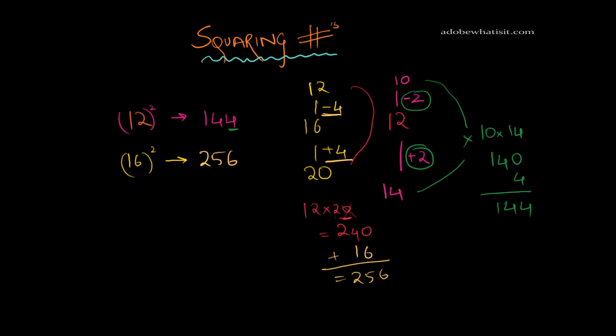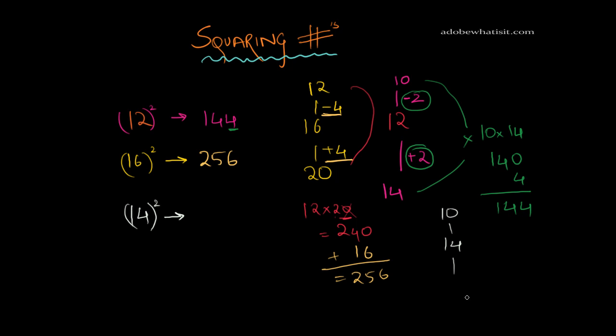Let me do one simple one, and after that we'll go into a little bit more complex examples. Let me do 14 squared, and these are just random numbers. What is 14 squared? The same method. Now 14 in this case is closest to 10.